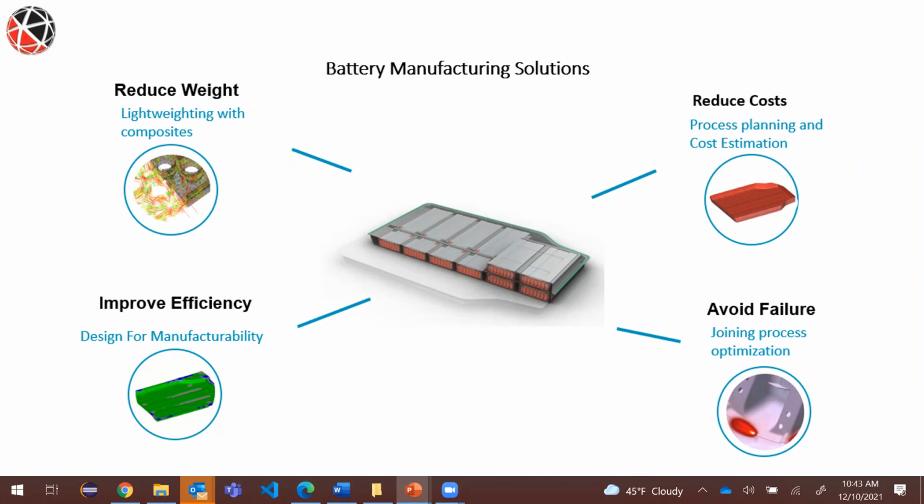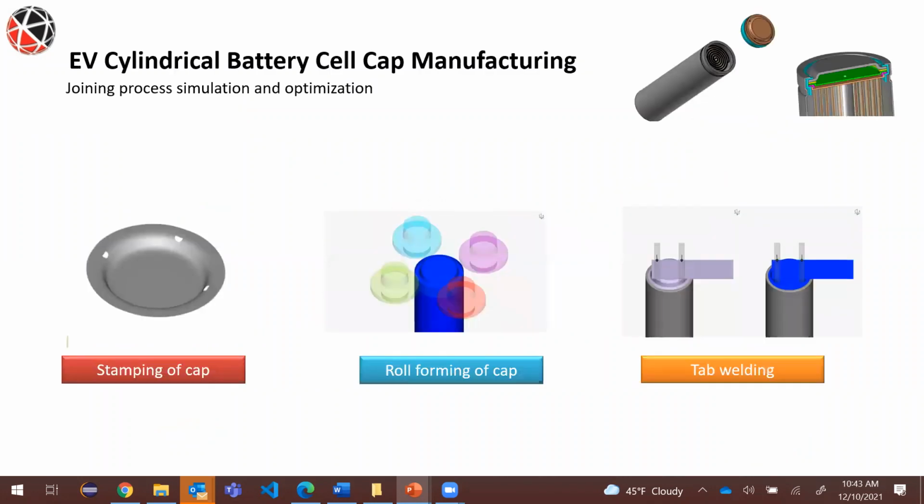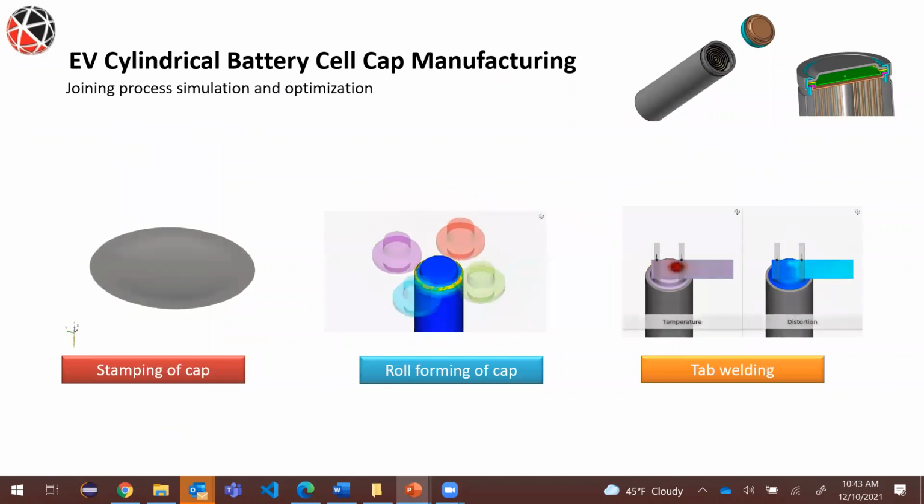Here, I'm talking a little bit more about specific applications. You'd be surprised how many manufacturing aspects there are to even producing battery boxes. And the same with the batteries.